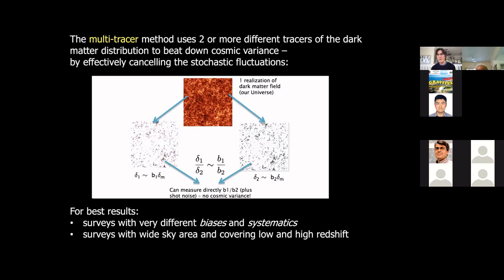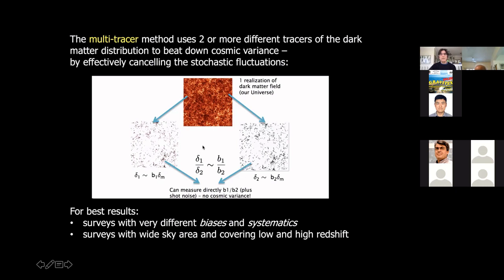So a different kind of galaxy. This could be, for example, a radio survey and an optical survey. They're generally accessing different galaxies, or different tracers, of the underlying dark matter distribution.